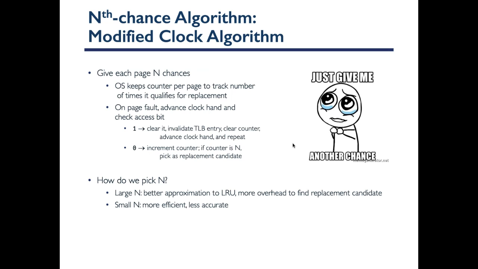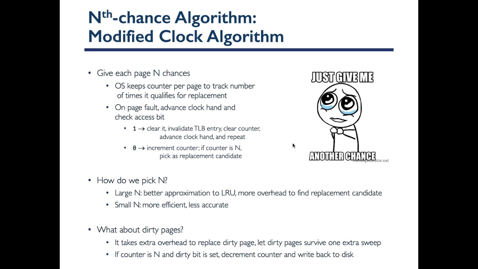As you might imagine, your clock hand has to move a lot more, and you have to search a lot of pages to eventually find the candidate that you need. And if you pick a small n, that means that you're not utilizing all the opportunities that you have. It's a less accurate approximation of LRU.